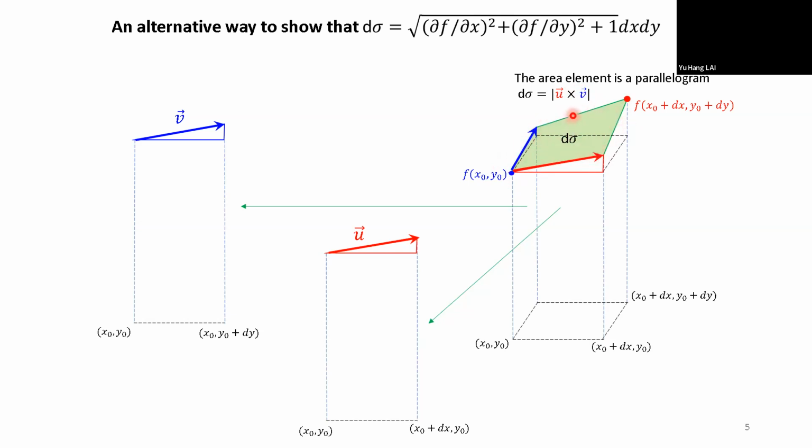So the area of this d sigma is just given by the magnitude of u cross v. This is something you learned before, right? The area formula. The magnitude of u cross v equals the area of the parallelogram formed by these two vectors. So then the key is to find u and v.